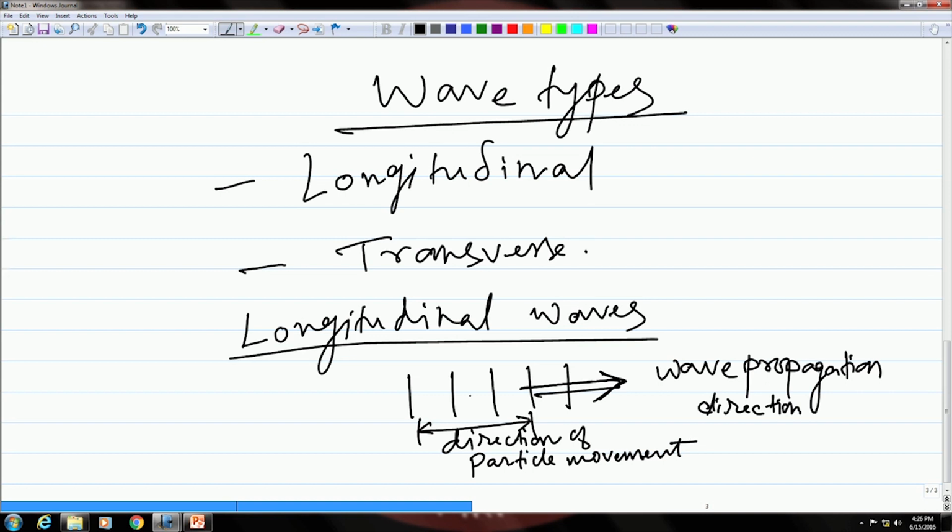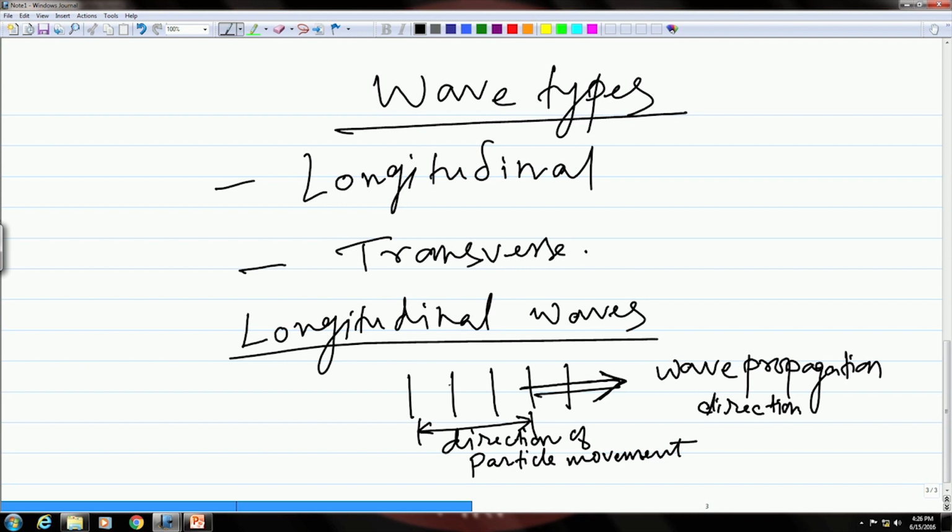That means the movement of these particles will be coordinated in the sense that the first atom can push the second one and the second one can push the third one and so on, since they are moving in the same direction as the wave. So, in this case the movement of the particles is coordinated and they can help each other in moving when the sound wave is moving through the medium.